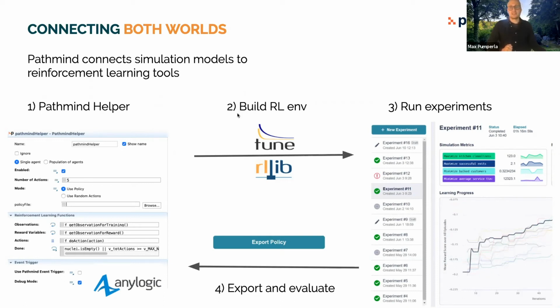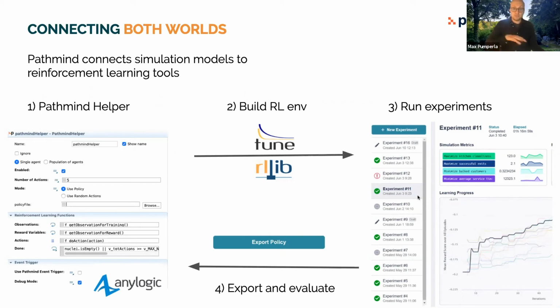And internally, what Pathmind will do is it will create an RL environment from your specifications and use Ray and RLlib to run experiments internally, right? And in the third step, you can run as many experiments in the web application as you'd like by altering the reward function and other aspects of it as you see fit, right?